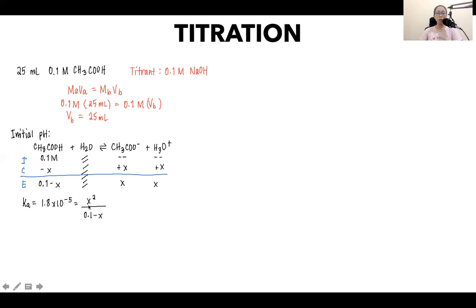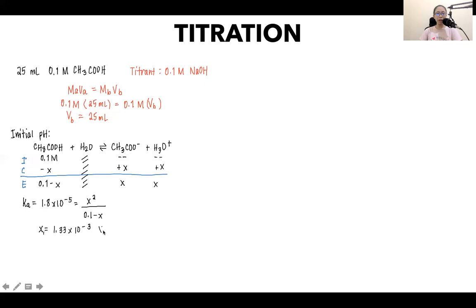If you notice, you will have a quadratic equation. So you can use the equation solver in your scientific calculators, or you can use the quadratic formula. Solving for X, of course, you will get two roots, right? The first root is 1.33 times 10 raised to negative 3.